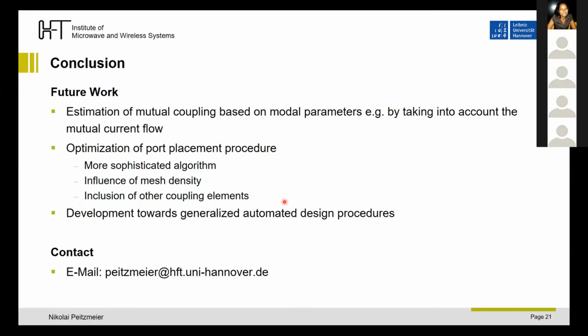The important point is that we can optimize our antenna design by means of characteristic modes, and this is a long-term goal, that we use characteristic modes towards more generalized and more automated design procedures. With this promising outlook, I would like to thank you for your attention. And are there any questions?